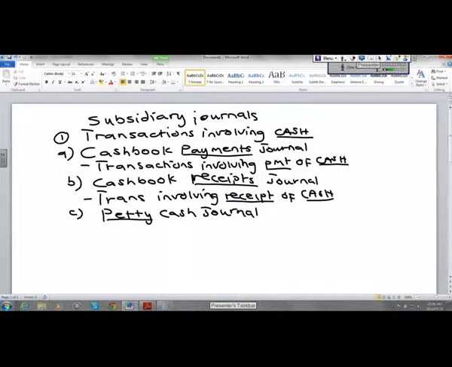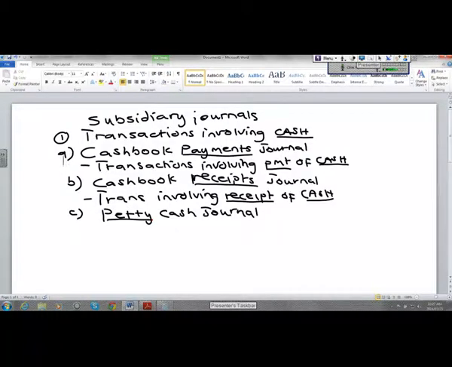In the petty cash journal, we record transactions involving cash, but we are only talking about those transactions that involve little cash. For instance, the money that we use to get our tea and coffee at work. Tea and coffee doesn't cost much. So for those small incidental expenses, we're going to record them in the petty cash.